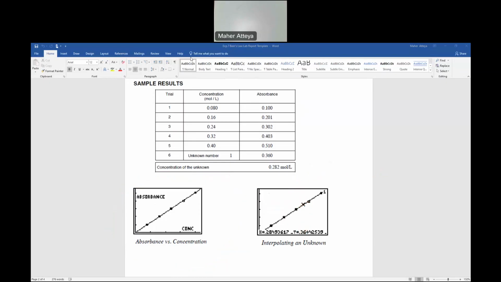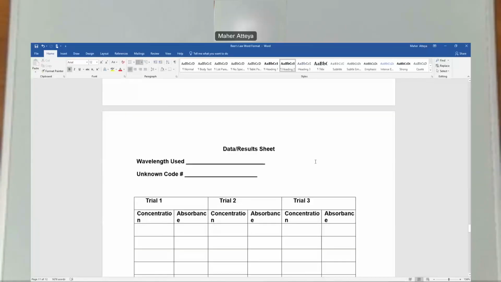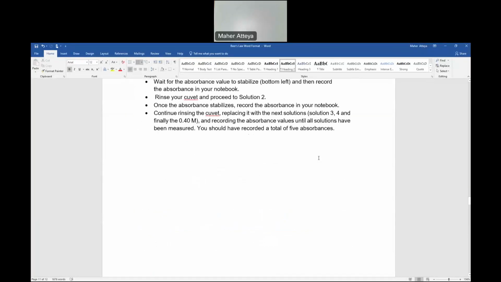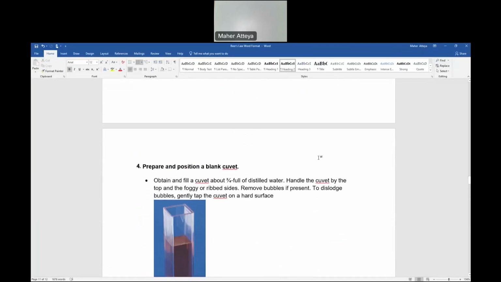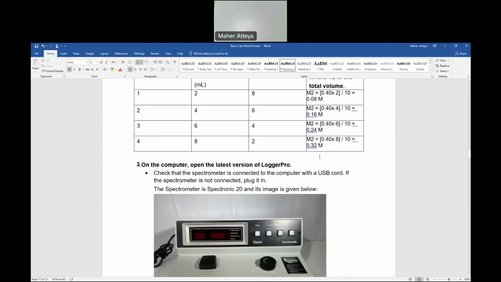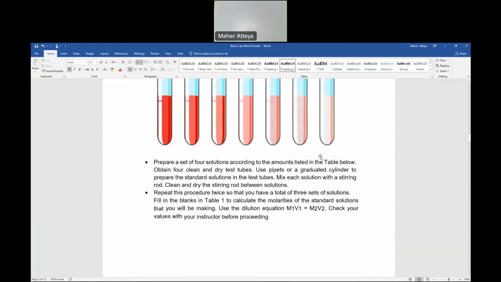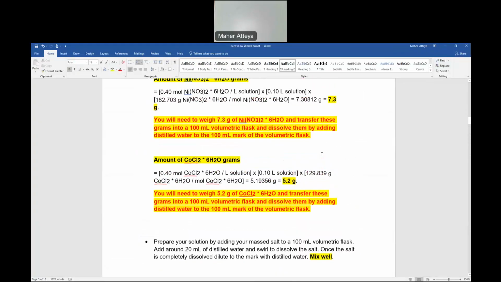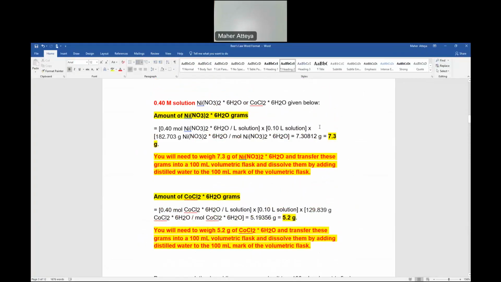Stock solution starts here, guys. Here is how to prepare your stock solution.